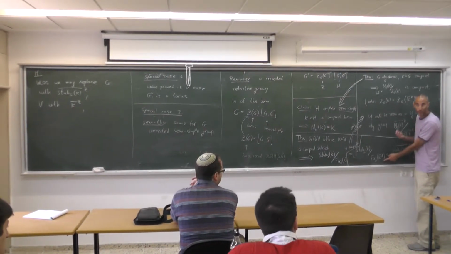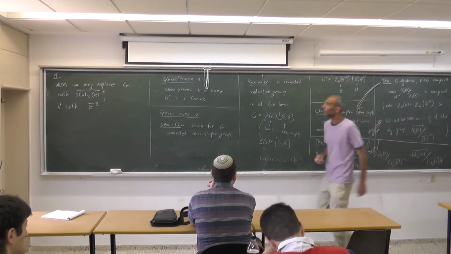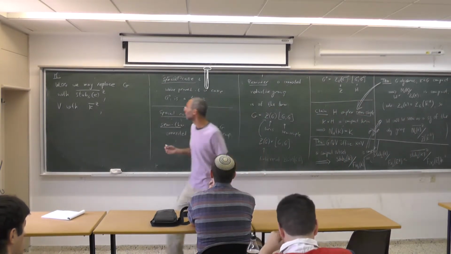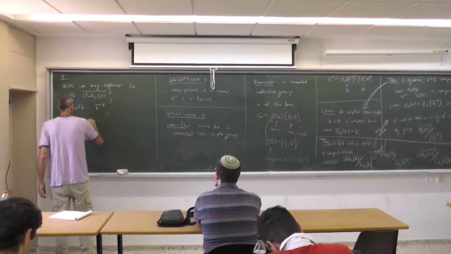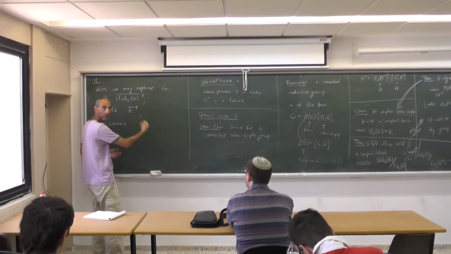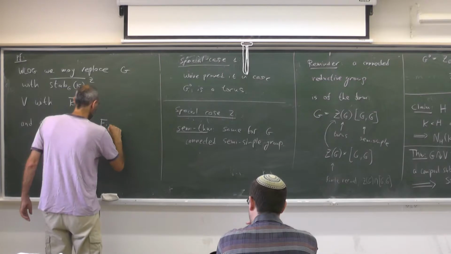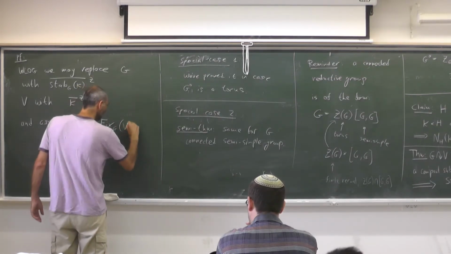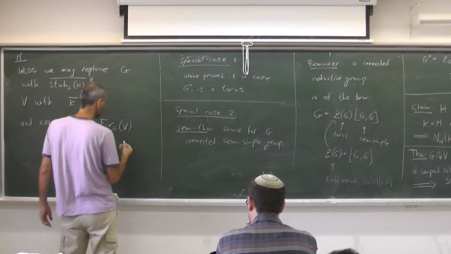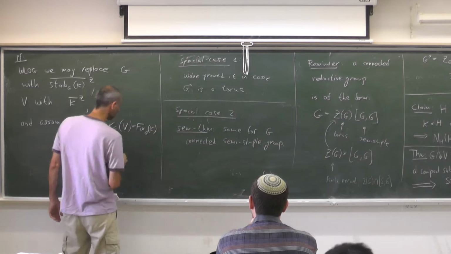So the action of G is not faithful, and so I can mod it out, and assume, by modding it out, again replacing G with the quotient, that the fixator of V, the fixator of K, is trivial.